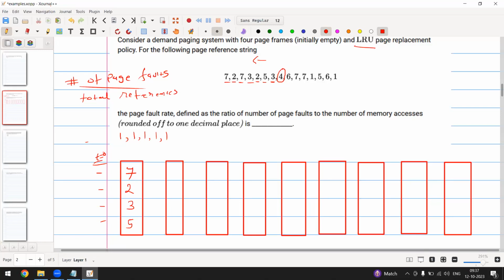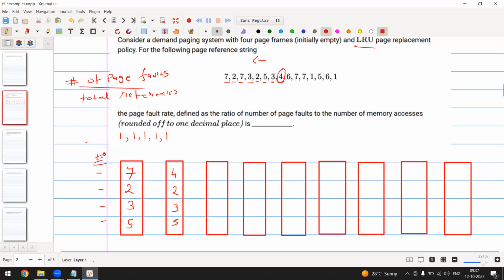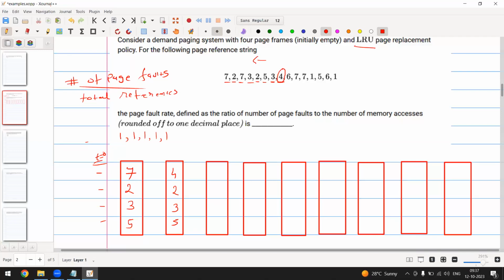If you see, 7 was used least recently, I mean, it was used a long time ago. In comparison with 3, 5 and 2, 7 was least recently used. So I'll swap out 7, and in place of 7, I will put 4. So the new allocation will be 4, 2, 3 and 5. So this is done.